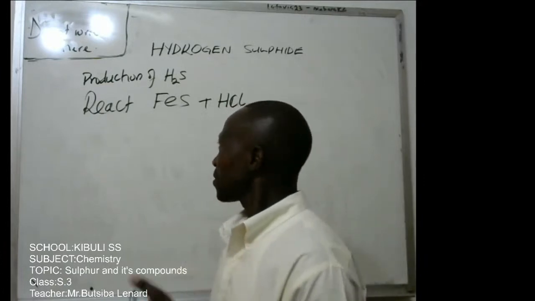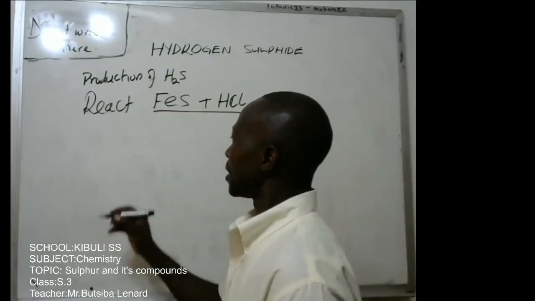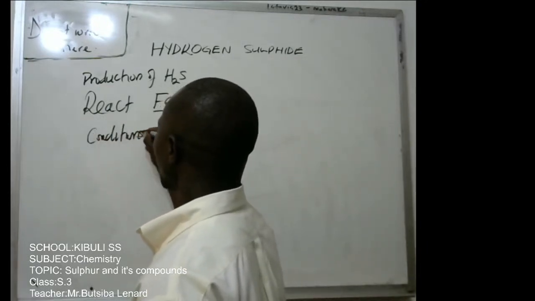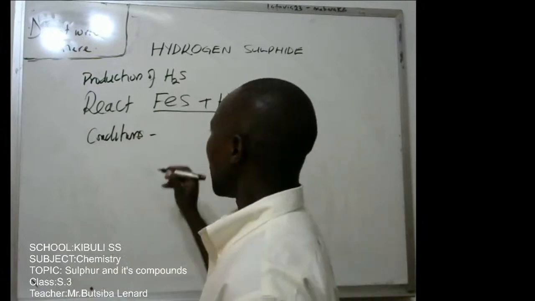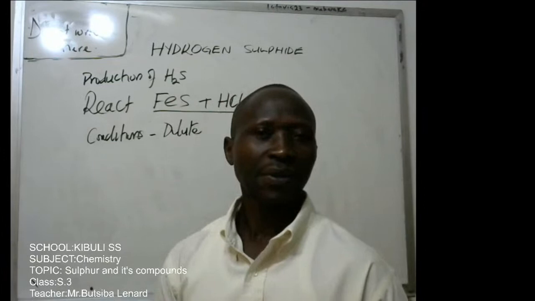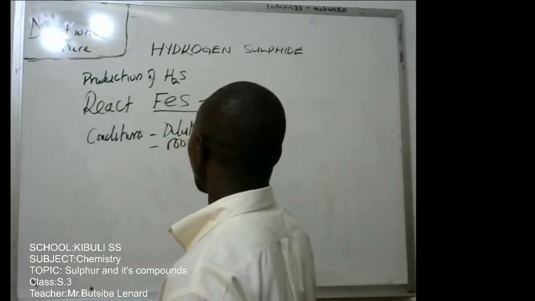So it means these two are our reagents. What are the conditions for the reaction? The conditions require that the acid must be dilute, and this reaction is going to take place at room temperature.